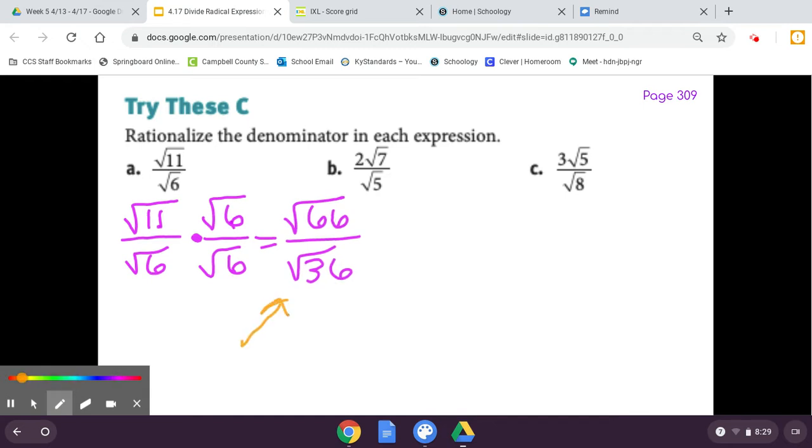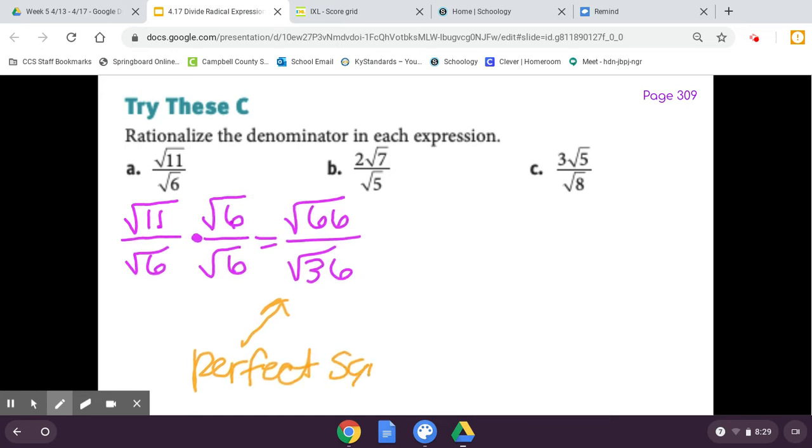When you rationalize your denominator, you want it to turn out as a perfect square. If your number, when rationalizing the denominator, doesn't end up being a perfect square, you need to go back and look at it again. All right, so this gives us our final answer of square root of 66 over 6. This cannot be simplified anymore because you can't divide a radical number by an integer.